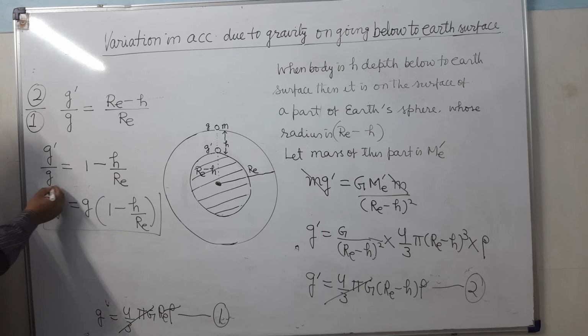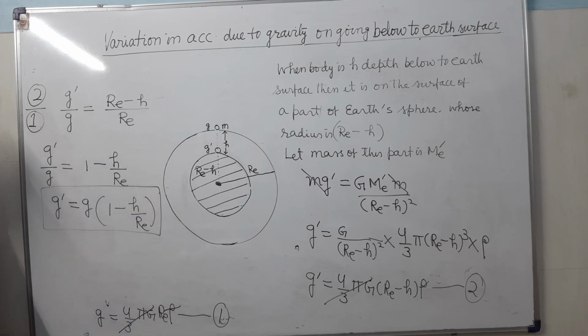This is the relation between the acceleration due to gravity at h depth below the earth surface and that on the earth surface.